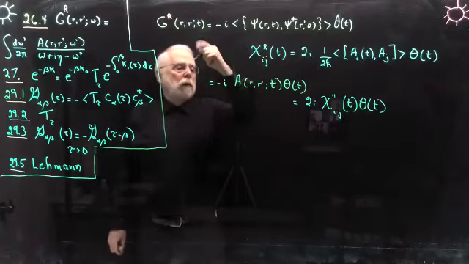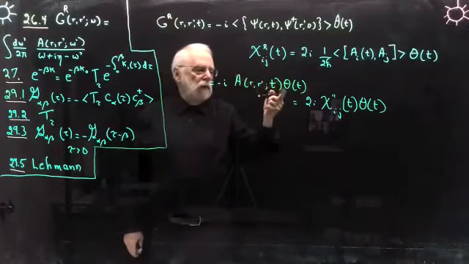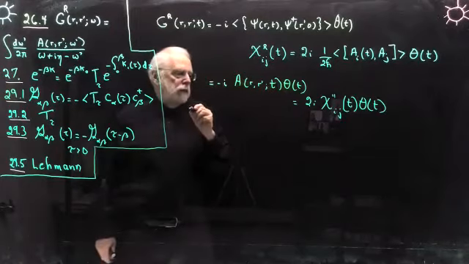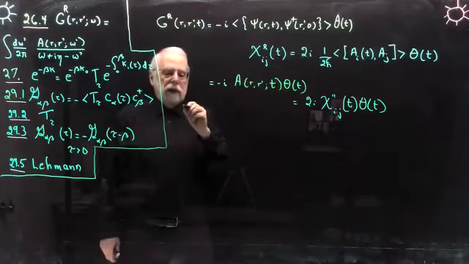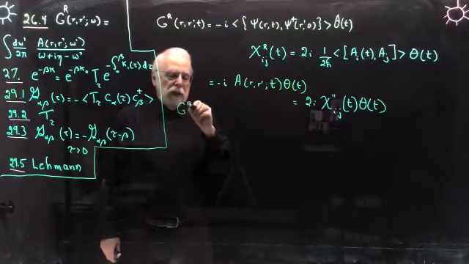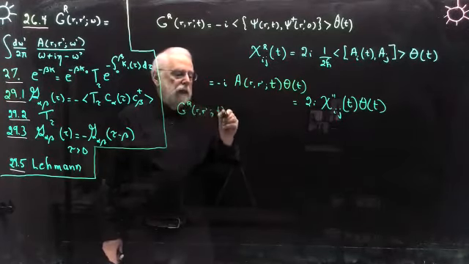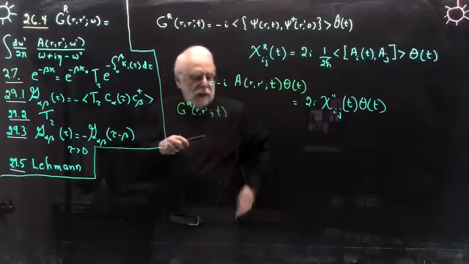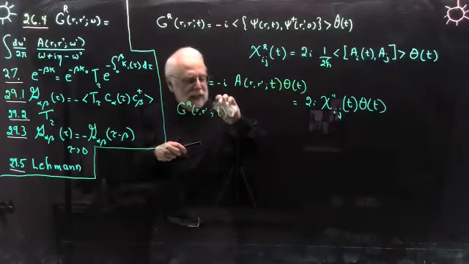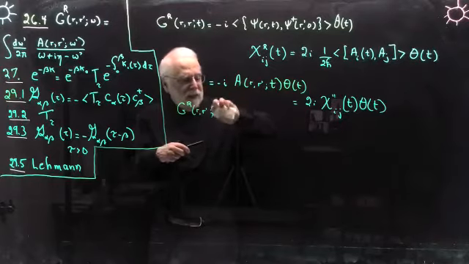So here it means that if we go to Fourier space, and we know how to do these Fourier transforms, we will have that G retarded of R prime, omega, sorry, go to frequency and then I write time. Bad start.